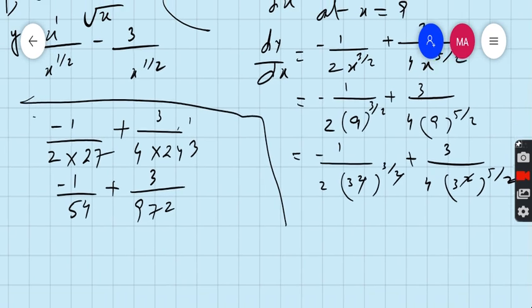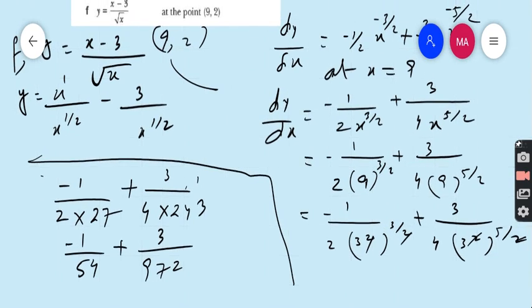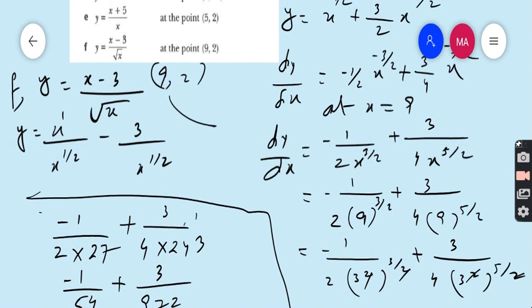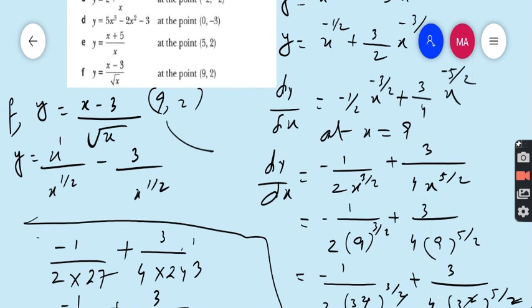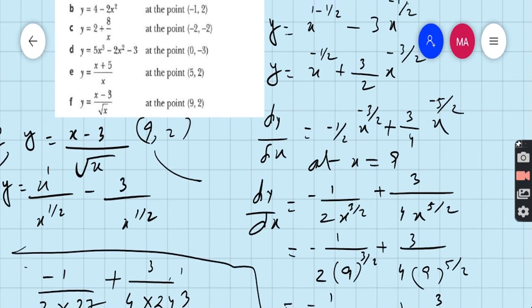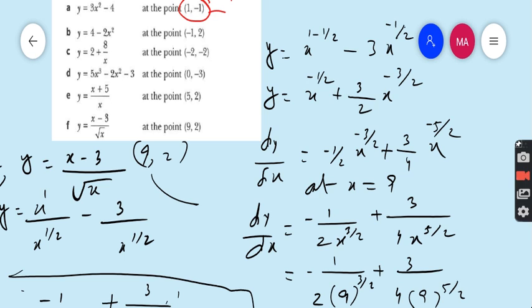There is some mistake, so I will check the whole part again. x minus 3 upon root x, x upon root x minus 3 upon root x, no mistake. 1 minus 1 upon 2. Oh, yes, this is the mistake. 1 minus 1 upon 2 is plus half.